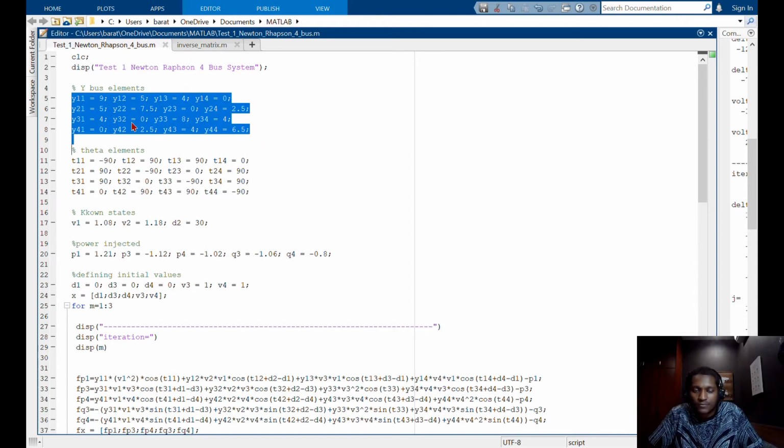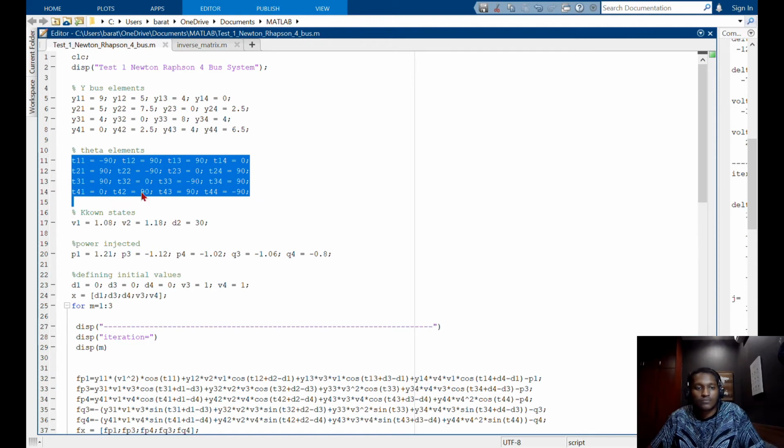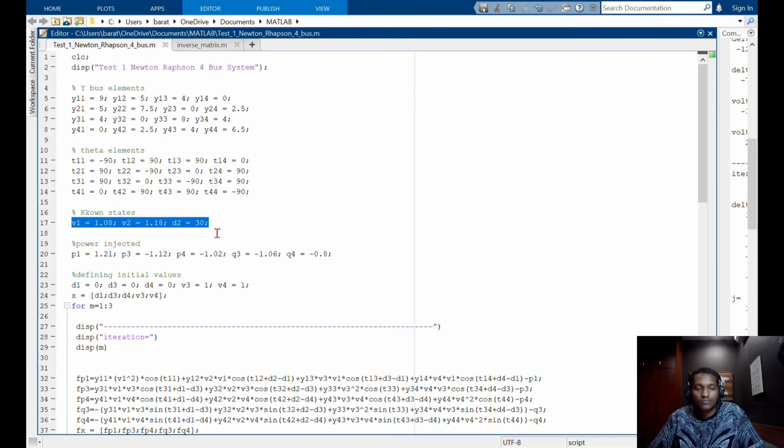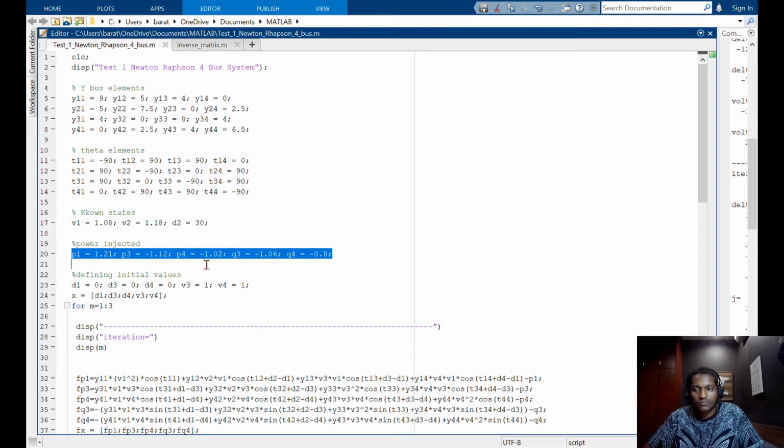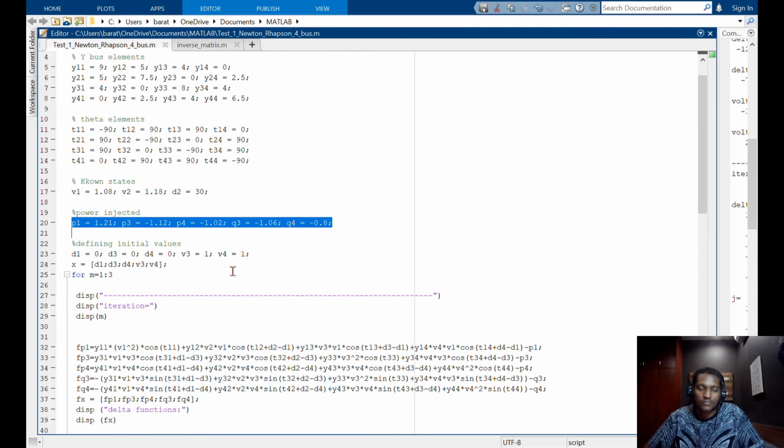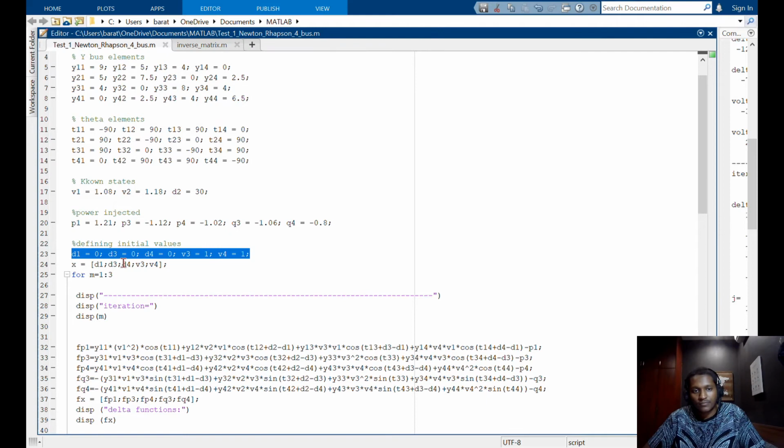This is all gotten from question 2, and this is the Y bus admittance matrix. So all the values are here, and then the theta values are also here, the known variables for voltage and delta, the power injected values that are known, and defining the unknown variables with a flat start value. Anything that has delta is 0, anything that has voltage starts with 1.